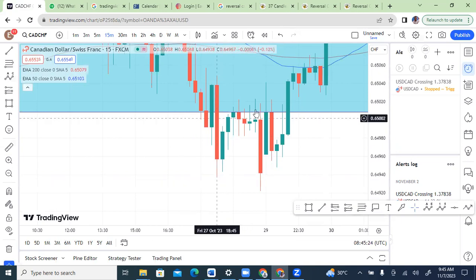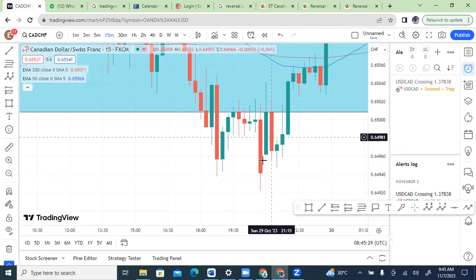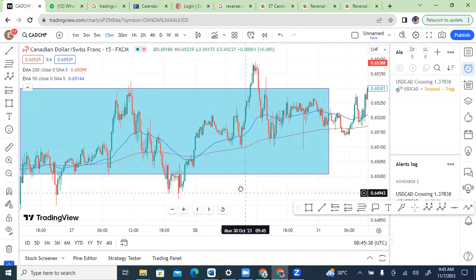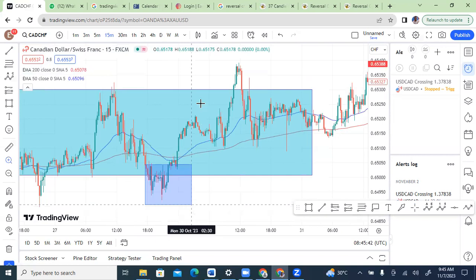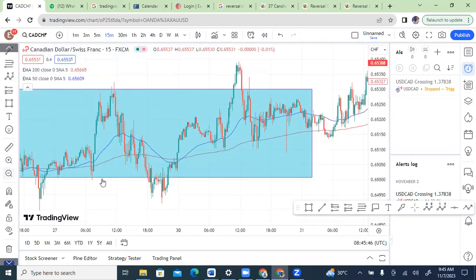Because this is the first leg. It comes back, traps it, ends with a pin, gives you a bullish candle. You know the market wants to go to the upside. So this is an example of what I was trying to talk about. Then a bullish candle, for example, this one here is a big bullish candle. So you can also take the entry for a buy.